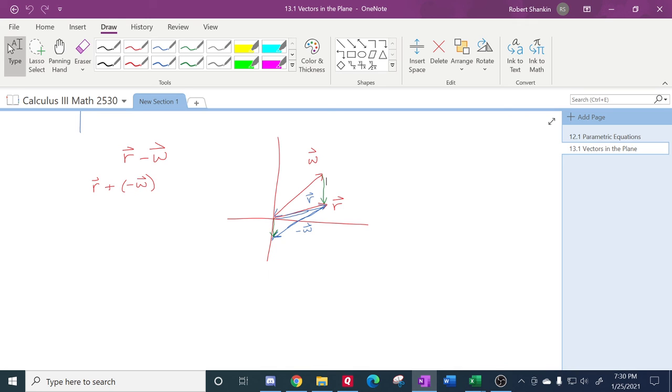But in this example that you've just shown, while the magnitude of the resultant vector is the same, you've shown me two different positions, which makes me ask, is adding a negative vector w the same as subtracting a vector w from vector r?